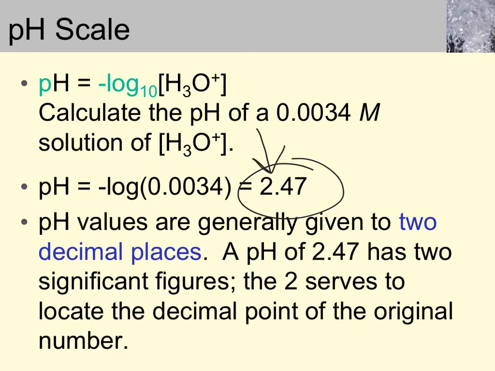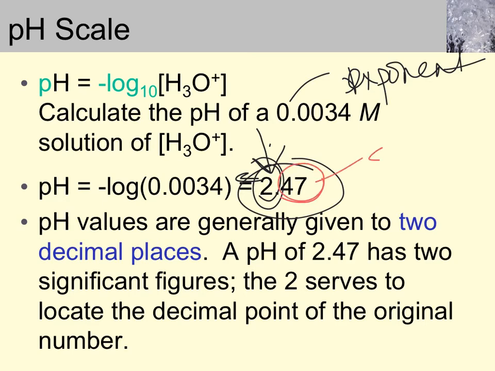Any digit to the left of the decimal place on a logarithmic number simply represents the exponent. Remember, logs just take the exponent and bring them down. So this 2 represents the exponent, which really tells us nothing about the precision of a measurement. So in a logarithmic value, the only digits that are considered significant, in other words, have something to do with the precision of a measurement, are to the right of the decimal.